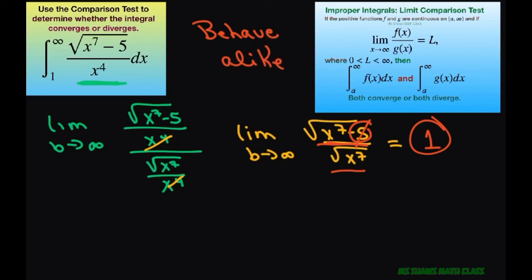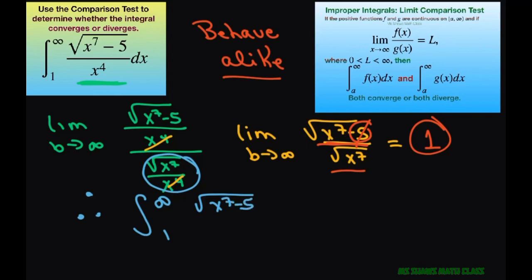Since they behave alike, by our limit comparison theorem, we already know that the one we chose is divergent. Therefore, this is also divergent. Our function, square root of x to the 7th minus 5 divided by x to the 4th dx, diverges as well.